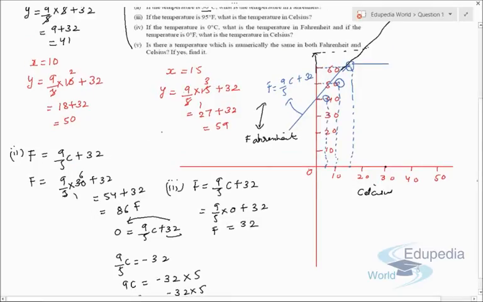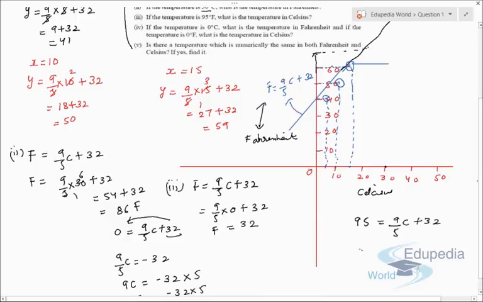Now the third part says, if the temperature is 95 degrees Fahrenheit, what is the temperature in Celsius? So the temperature is 95, so we can use 95 = 9/5 C + 32.